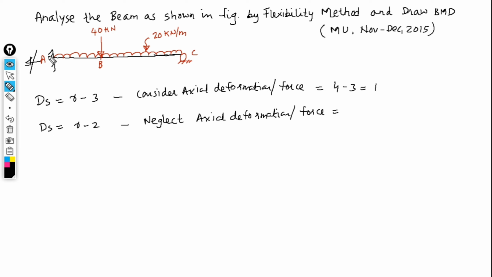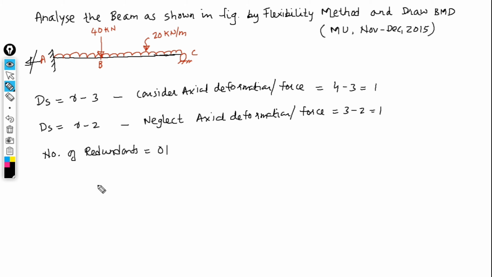Now after finding ds we have to find number of redundant. Actually number of redundant is equal to number of statical indeterminacy, so it is equal to 1.